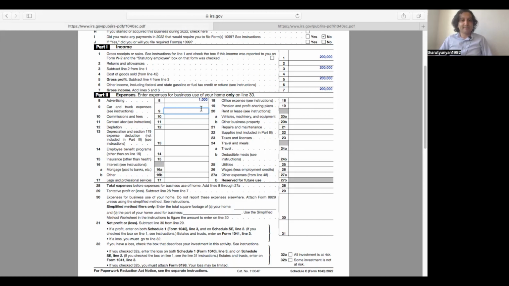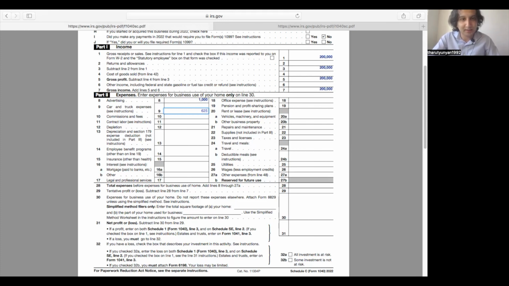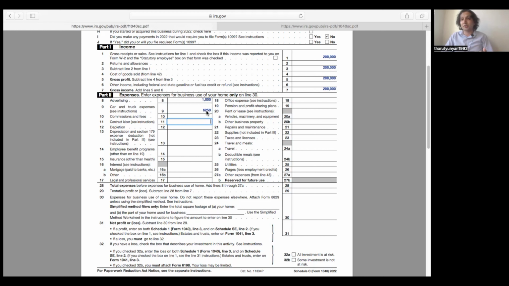Now, the standard method is when you deduct 62.5 cents per mile driven as of 2022. So let's say you drove the car for 10,000 miles for business, you will have $6,250 in deductions. Another way, also covered in our previous video, is to take the actual expenses, which is gas, oil change, insurance, other maintenance, and also the depreciation of the car.